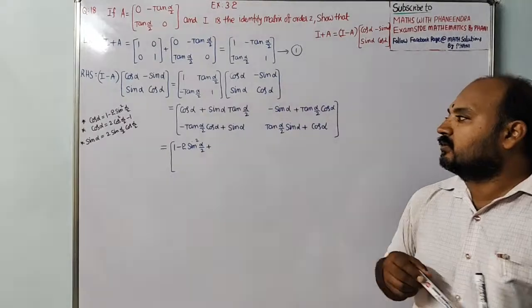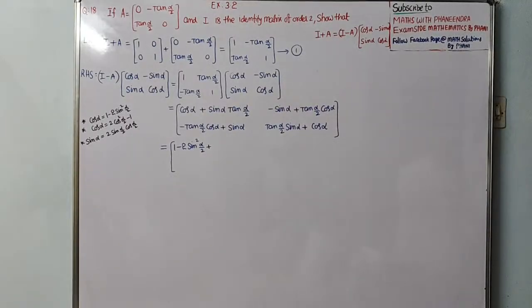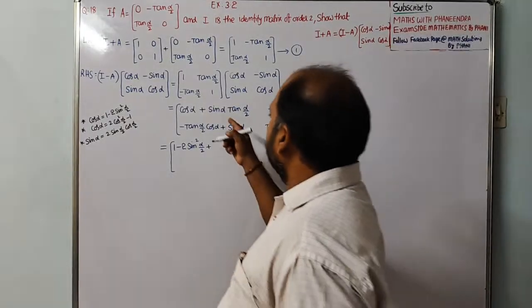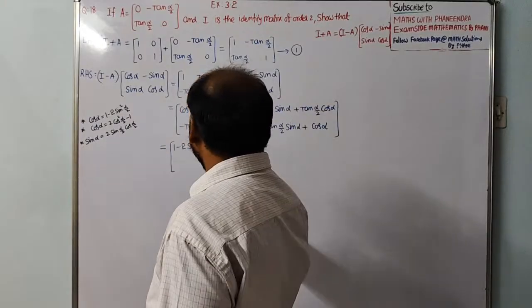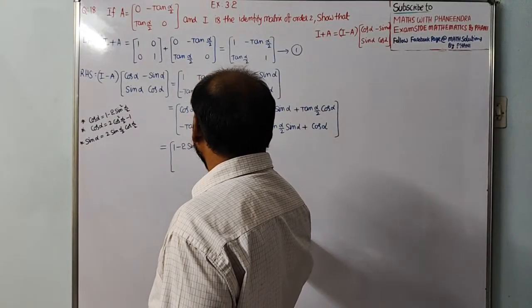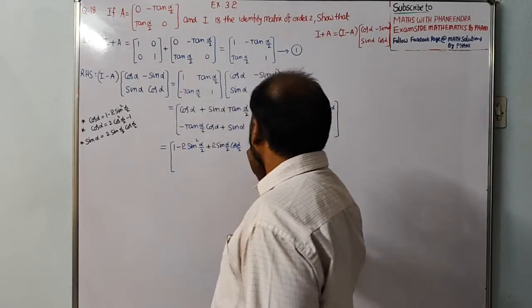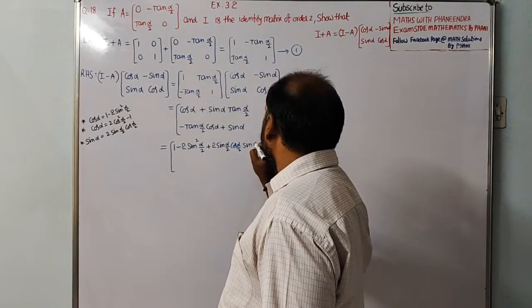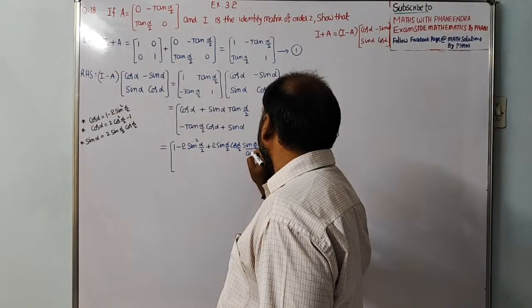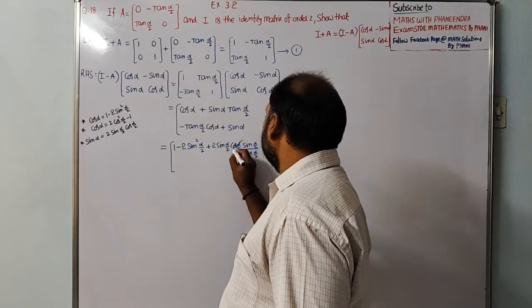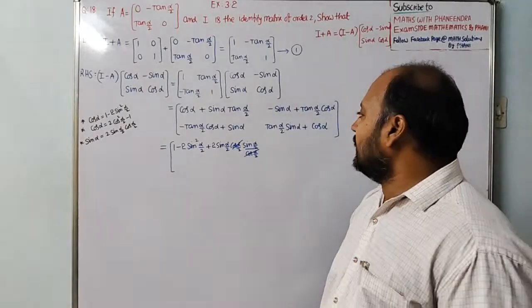See here, sin alpha we can write as 2 sin alpha by 2 cos alpha by 2. Tan alpha by 2 means sin alpha by 2 divided by cos alpha by 2. Cos alpha by 2 and cos alpha by 2 get cancelled.